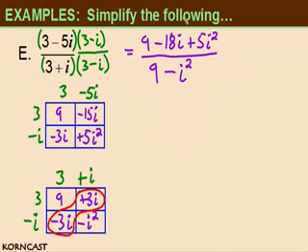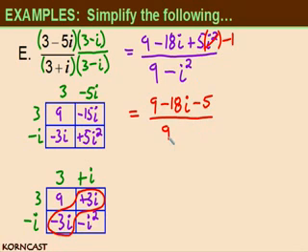Now it's time to clean house. Well, I know that i squared by definition is negative 1. So I'm left with 9 minus 18i. And 5 times negative 1 is negative 5, so I'm going to subtract 5.